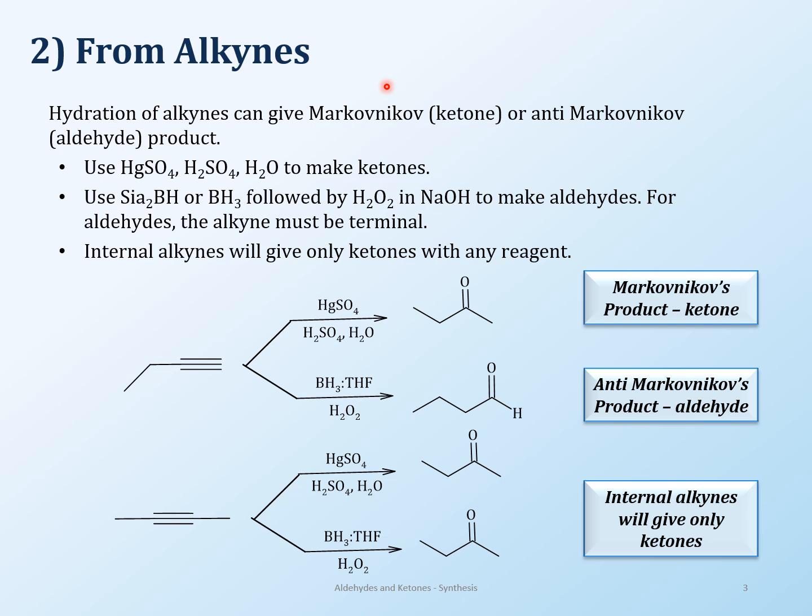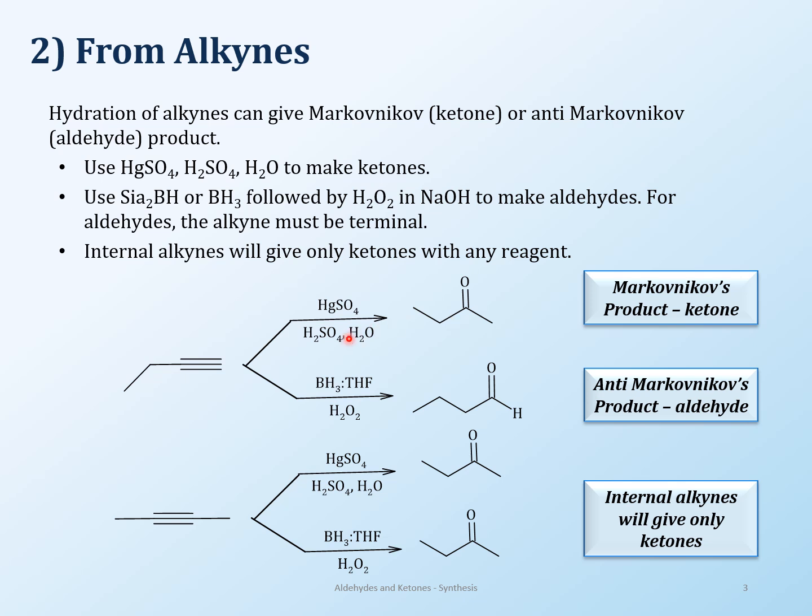From alkynes also you can make aldehydes and ketones, depending on what kind of alkyne you start from. If you have a terminal alkyne, you have more choices. If you have an internal alkyne, you have fewer choices. With a terminal alkyne, you can make either a ketone or an aldehyde.